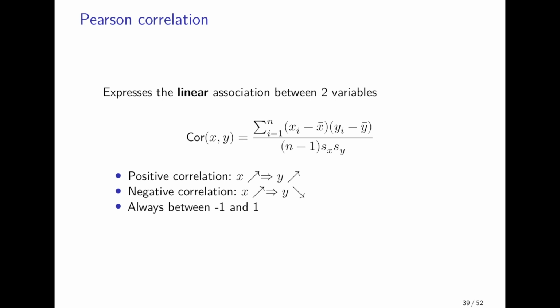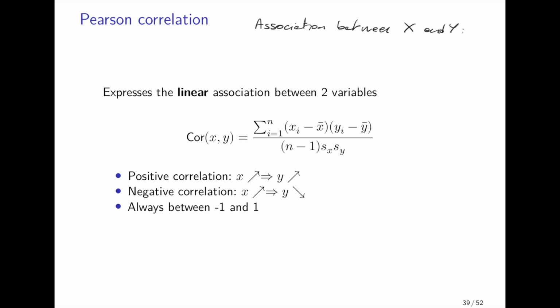Now let's talk a little bit more about associations between two variables. So we have here the Pearson correlation, but before we get to that, let me properly define an association between two variables. When do we talk about an association between x and y?